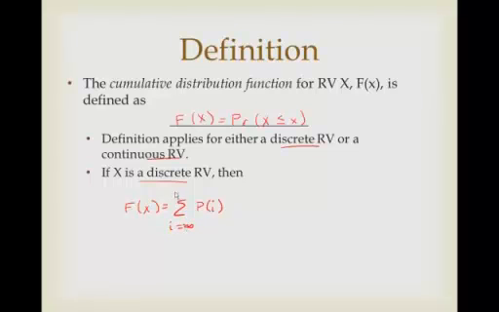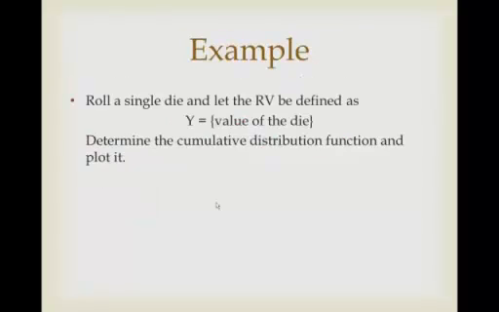So in essence, it simply means that we add up the probabilities of that value or anything less than that value occurring, and we just add those probabilities together. So once you see what we do next, when we give an example with the die, I think it will become crystal clear.